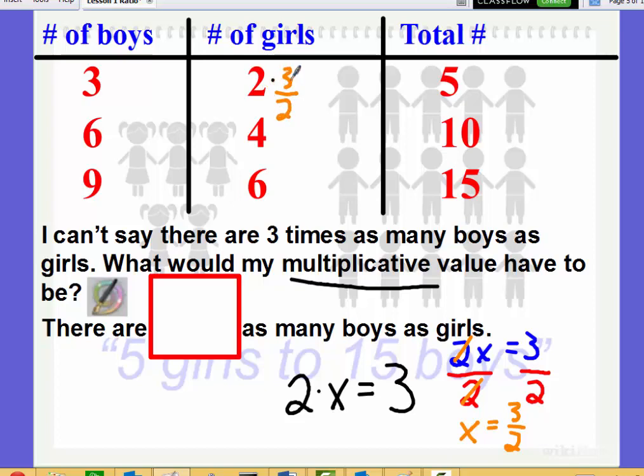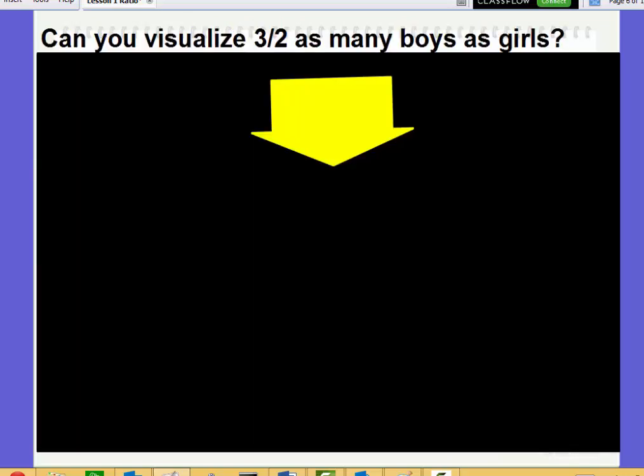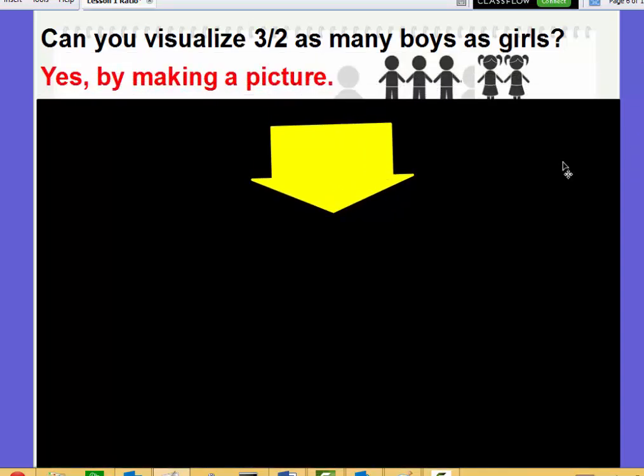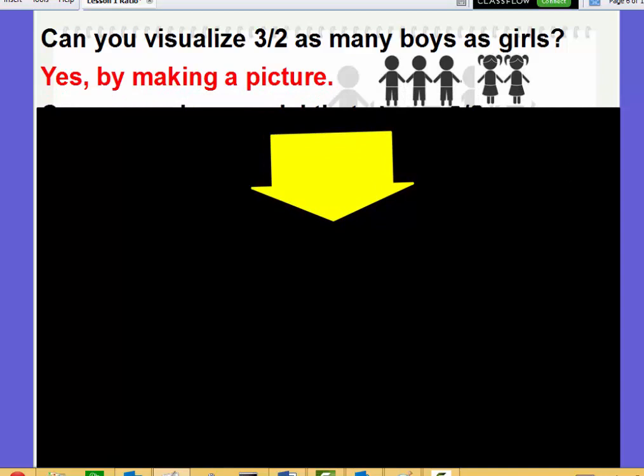If you don't remember, go back to how we multiply fractions with whole numbers. So there are 3 halves as many boys as girls. Can you visualize 3 halves as many boys as girls? Well, we have pictures to always help us. We can make a picture. Here I have 3 boys and 2 girls, so 3 halves, or we can also say this as the ratio 3 to 2.